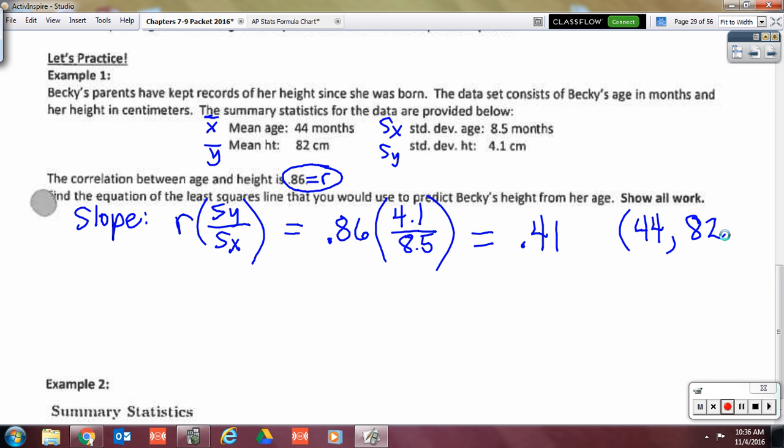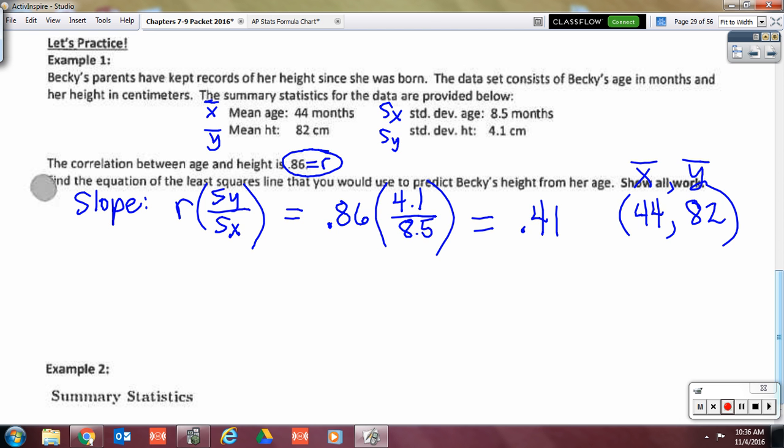That is the mean point. It's always a point on the line: the mean of x, the mean of y. There are different ways you could do this. You could use the point slope formula. I like to do it this way because we still need the y-intercept.